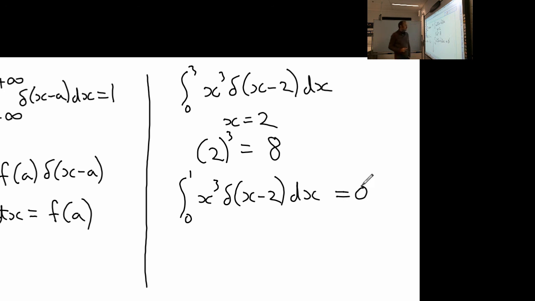Why is it equal to 0? Well, we're not covering the point at which the delta function picks out the value at x equals 2. We're only going between 0 and 1. Okay, of course, if we went between 1 and 3, where 1 is the lower limit and 3 is the upper limit, our answer would be 8, because the delta function will pick out that value at x equals 2.